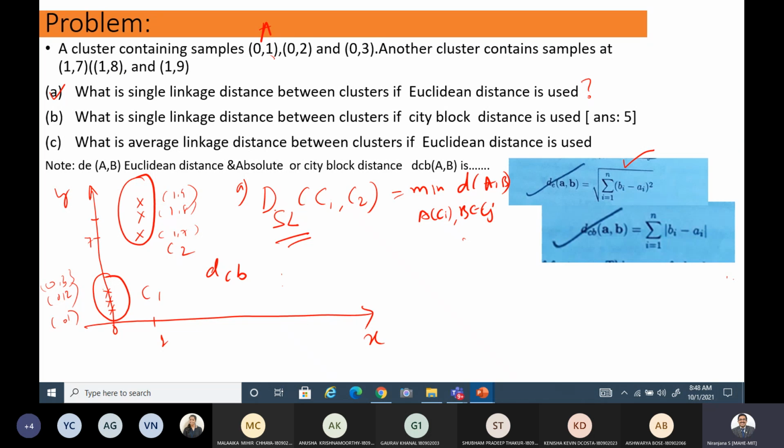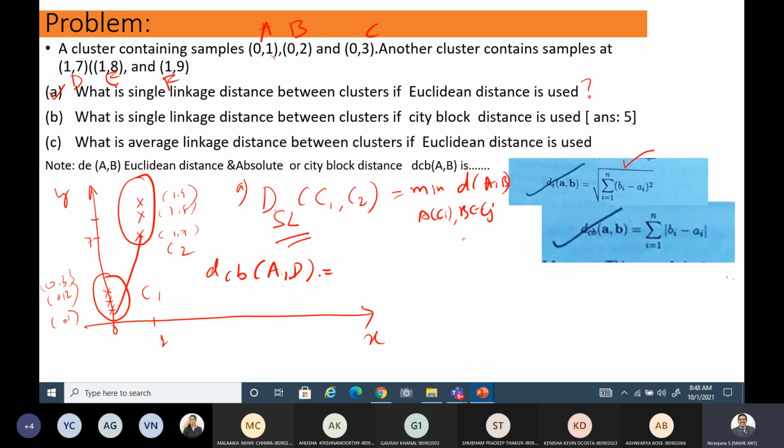Suppose this is point A, B, C, D, E, F. So A to D now, the city block distance between A to D. A to D means you are calculating from this point to this point.